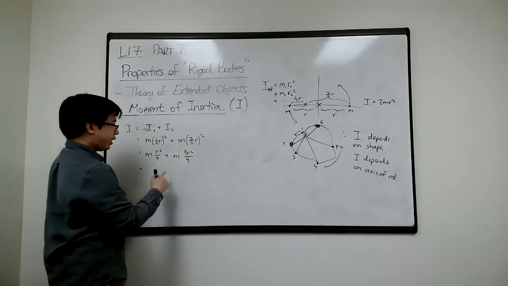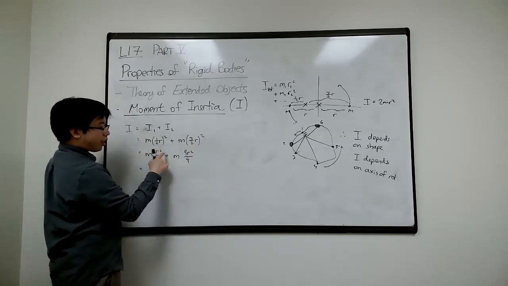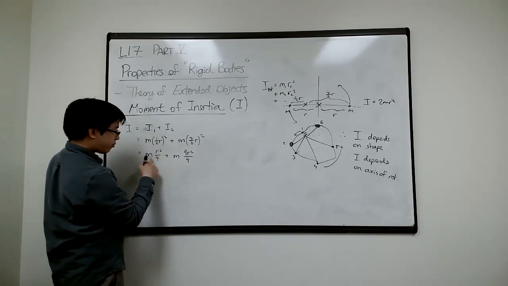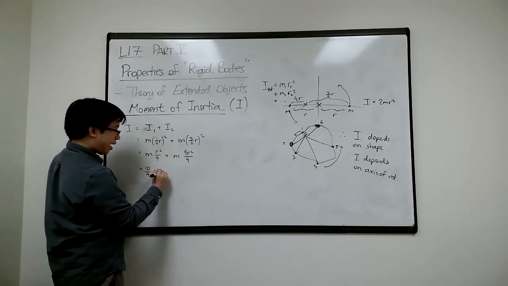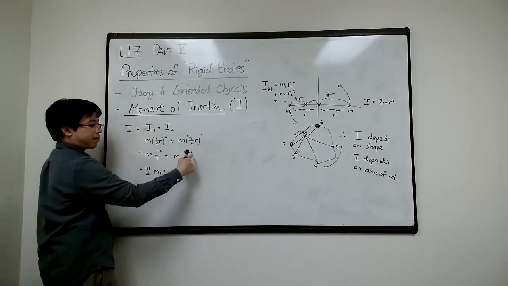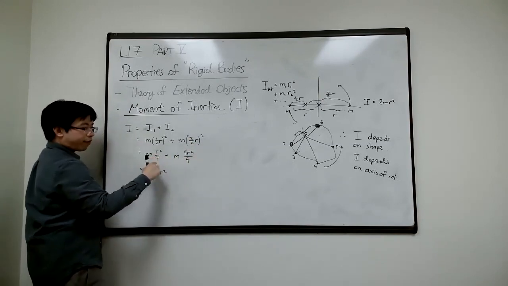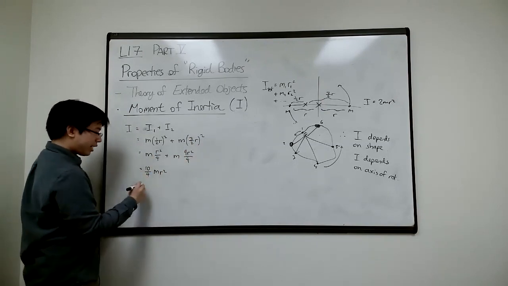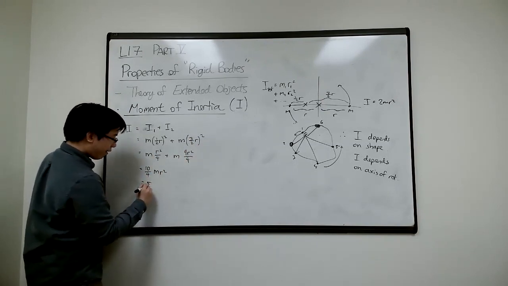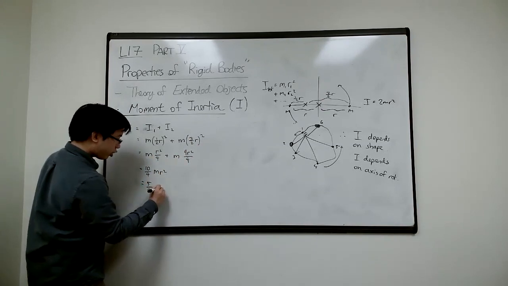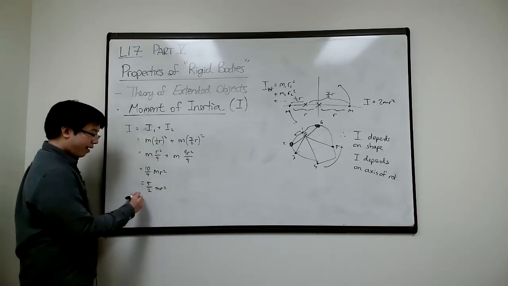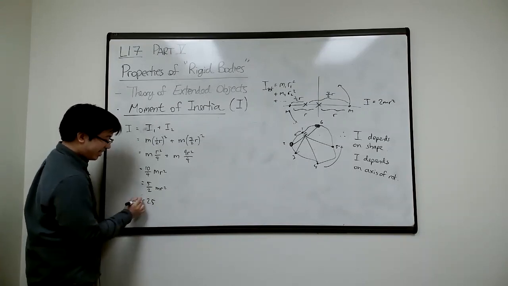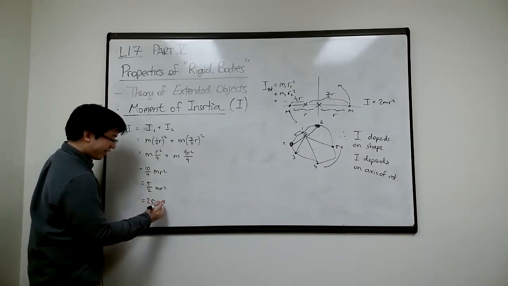On top I have r squared and 9r squared, so I have 10r squared over 4. I have common factors mr squared, but here's 1/4, here's 9/4, so that adds up to 10/4, which is 5/2 mr squared. Okay, what's 5/2? It's exactly 2.5 mr squared.